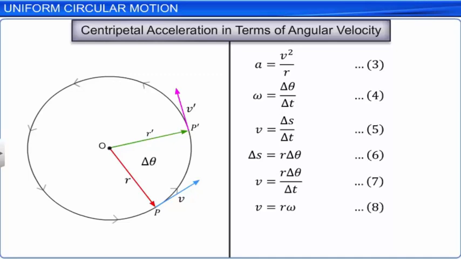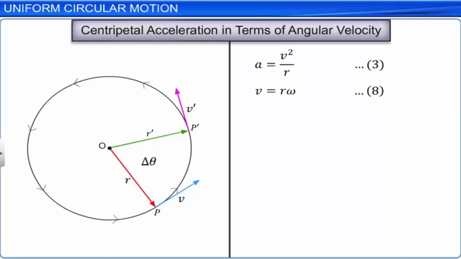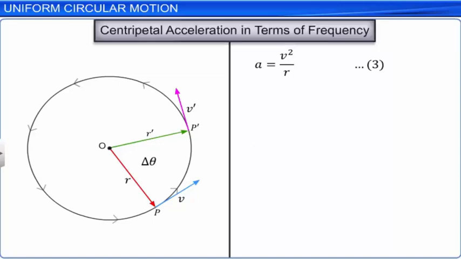Now let us find the centripetal acceleration in terms of frequency. Time taken to make one revolution, that is, time period, is T. Frequency f is the number of revolutions in 1 second.